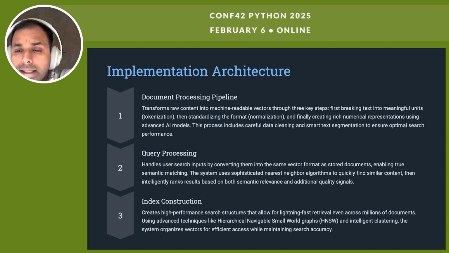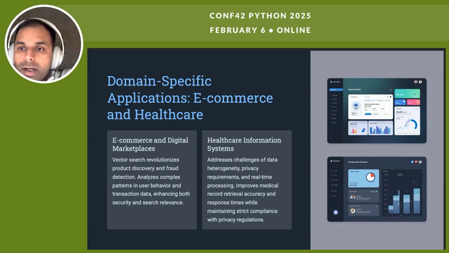The system then intelligently ranks the results, taking into account not only the semantic relevance, but also other factors like quality of the document, the historical behavioral popularity of that document amongst the users on your platform, and some user preferences.